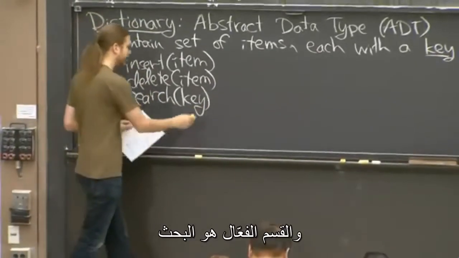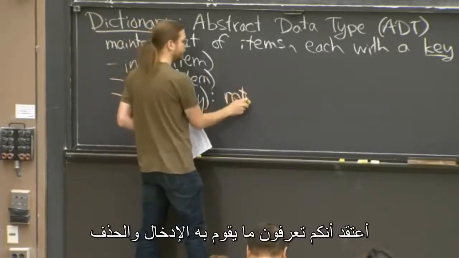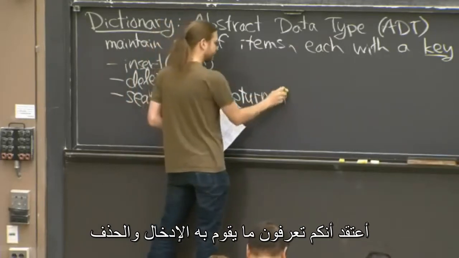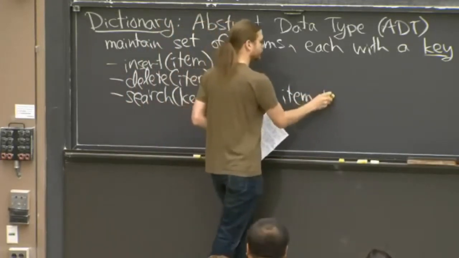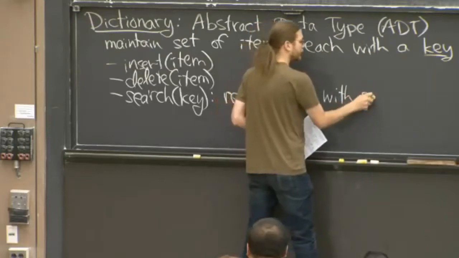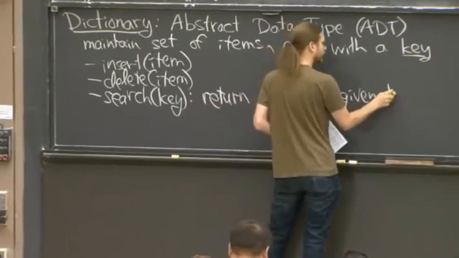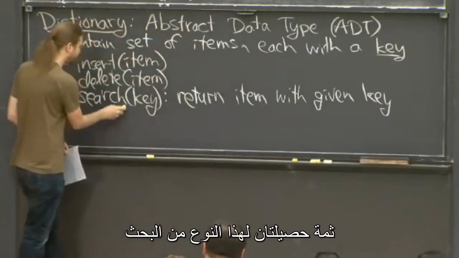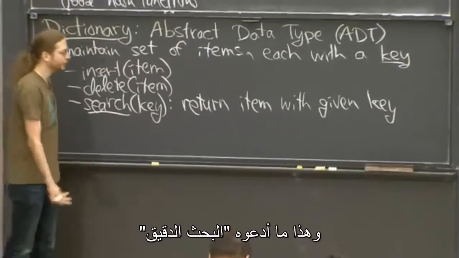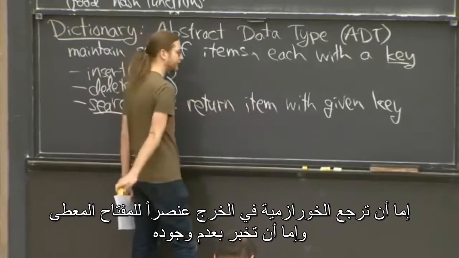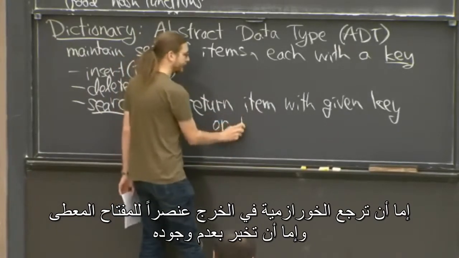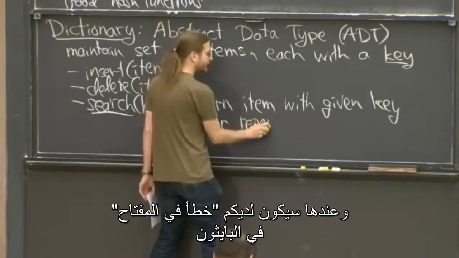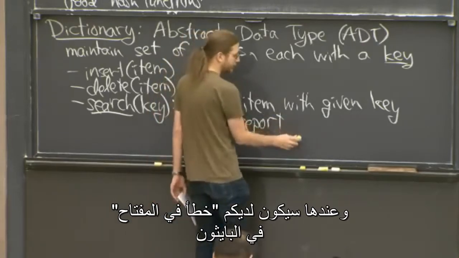Okay, and the interesting part is the search. I think you know what insert and delete do. So there are two outcomes to this kind of search. This is what I call an exact search. Either you find an item with a given key, or there isn't one. And then you just say key error in Python.